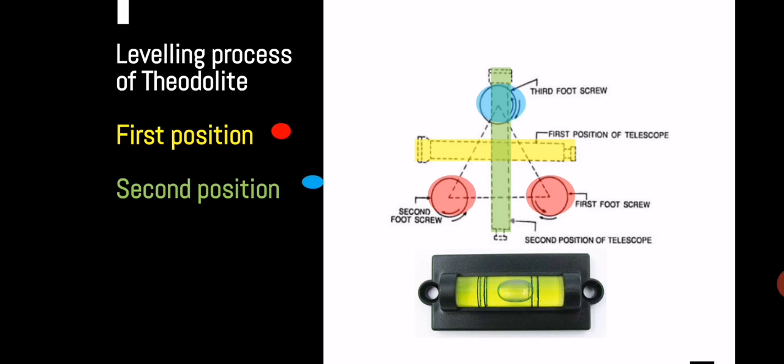The next position is denoted by the green portion of the telescope, which is aligned in the y-axis. Now what we have to do is operate the third foot screw, which was left on the first position, in any direction so as to adjust the level.